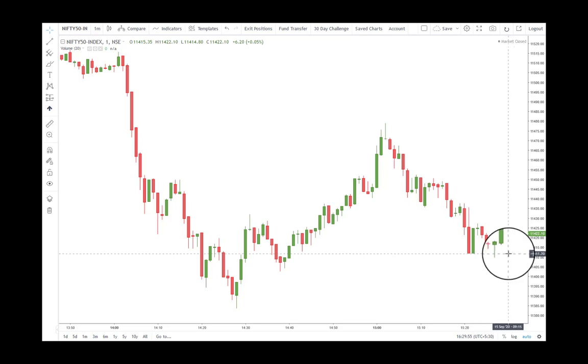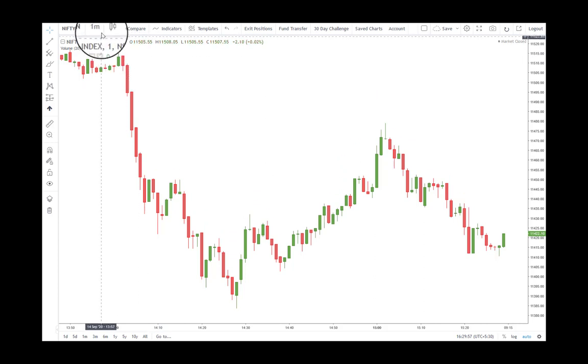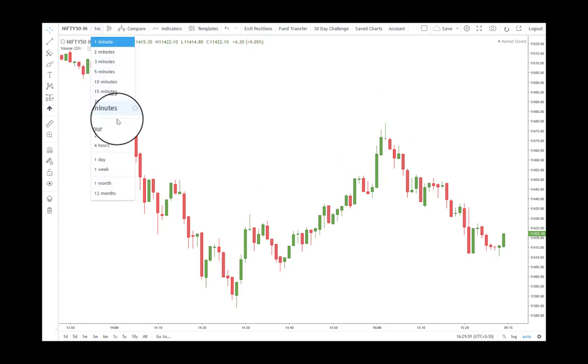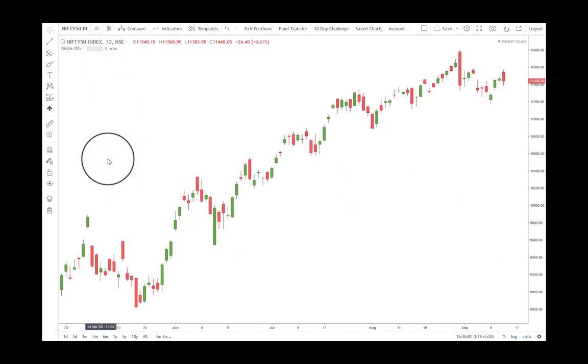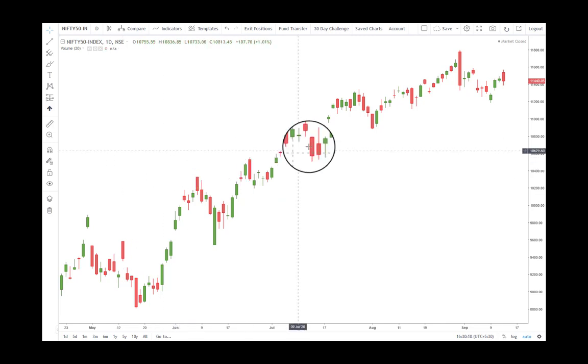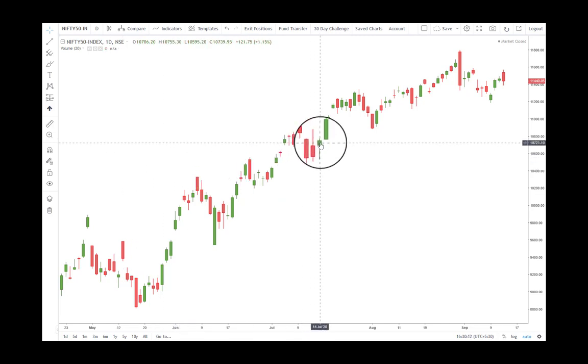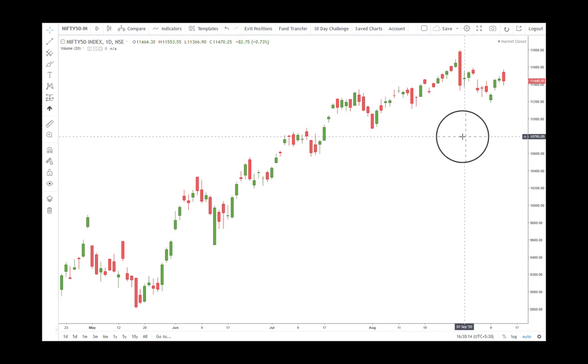Let us now select the 1 day time frame by clicking on the time frame button. Doing so will display the 1 day time frame chart. In this case, each candle shows the price statistic of each day that the security trades.